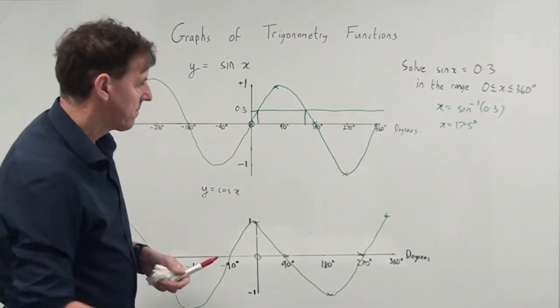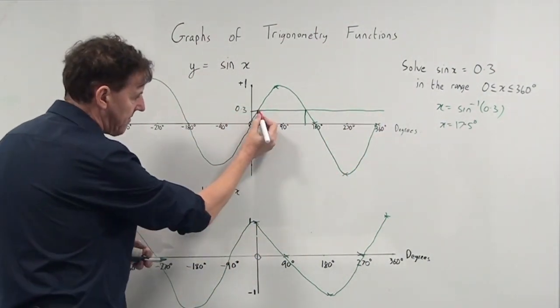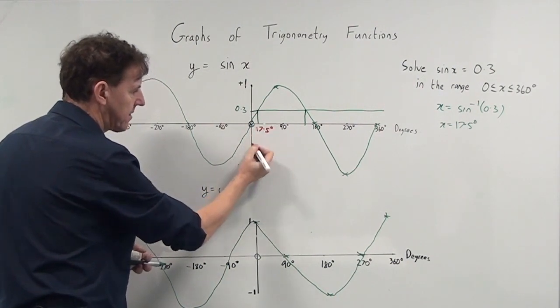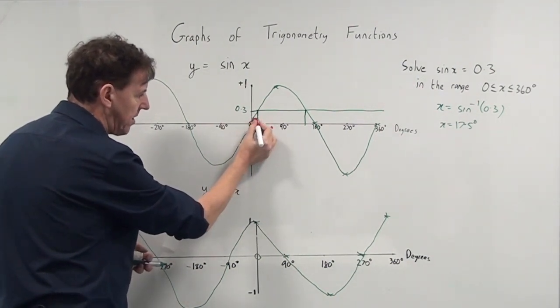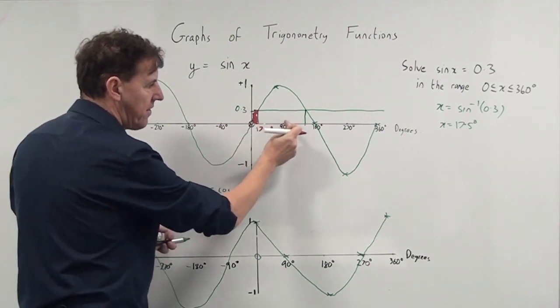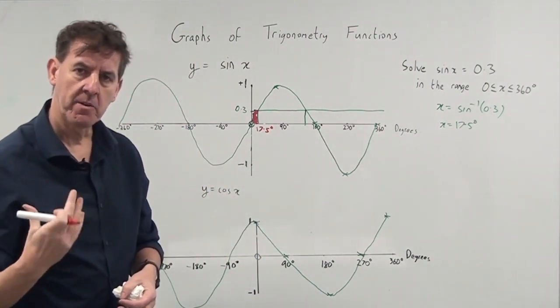Now, because I've drawn my line, what does that represent? That tells me that that cut there is 17.5 degrees. It actually tells me that that part of the graph there is 17.5 degrees along this axis. Now all I've got to do is try and find where it cuts again.